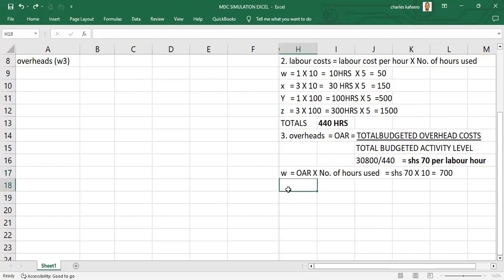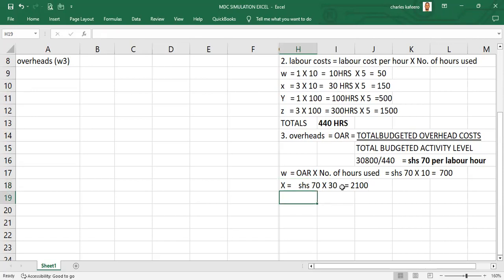So we do the same for all the products. For X, I'm not repeating that, but it's going to be shillings 70 multiplied by the hours. The hours were 30. Since they are 30, they are going to give us 2,100 shillings.